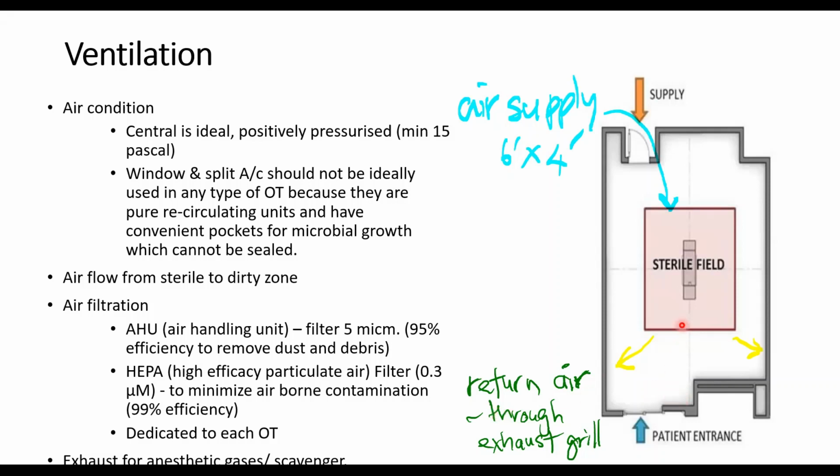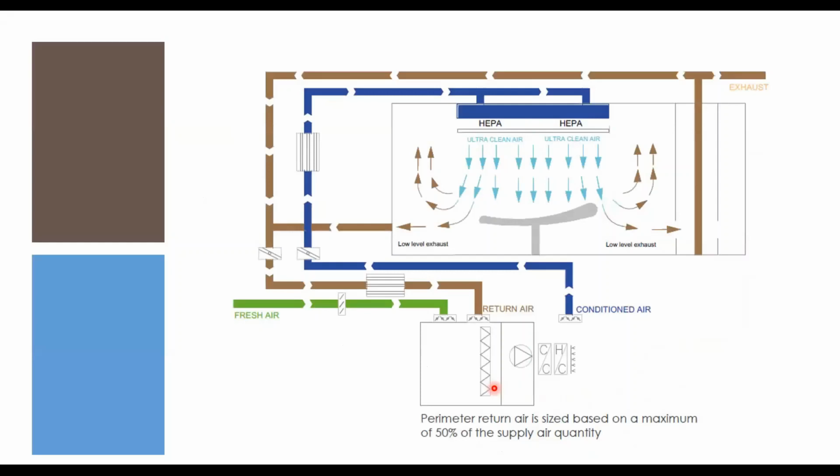So the air is blown in at the center here, and there is an exhaust flow, which returns the air to the atmosphere. This diagram shows how the ventilation system works in the operating theater.